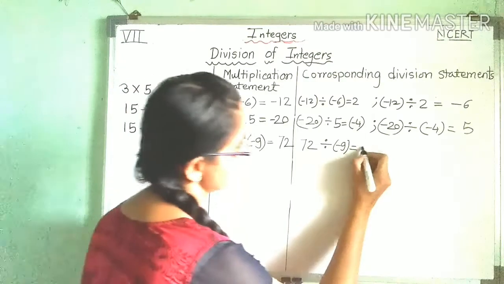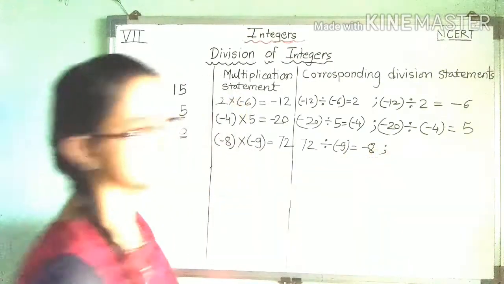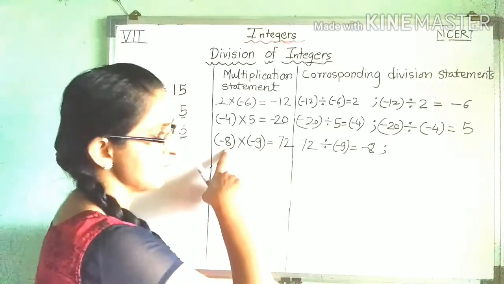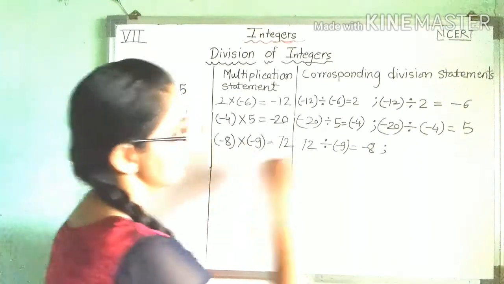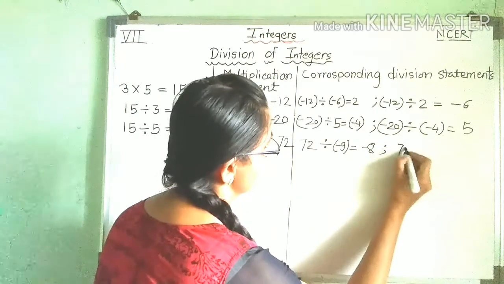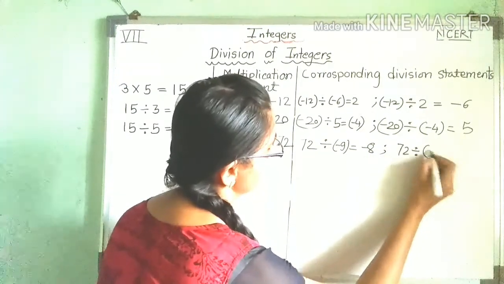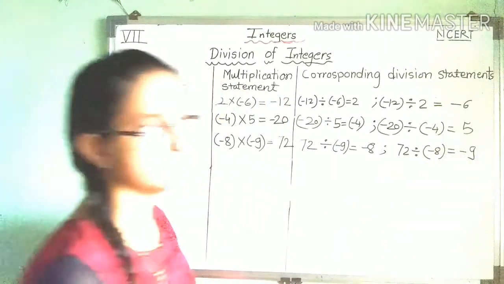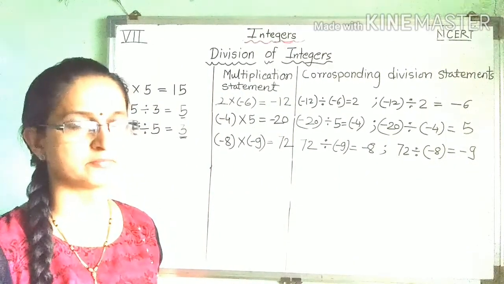The quotient is minus 8. And another corresponding statement is 72 divided by minus 8. It will give minus 9. 72 divided by minus 8 is equal to minus 9.